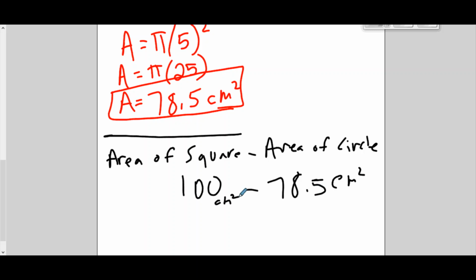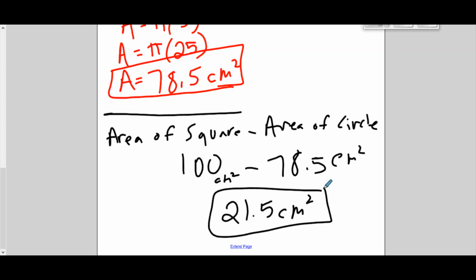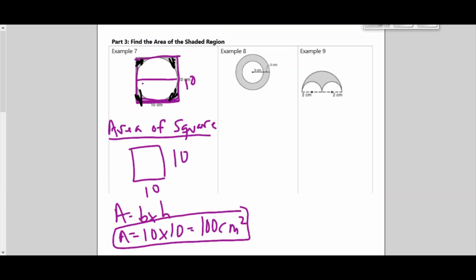So you get the area then of the shaded pieces is 21.5 centimeters squared. So pause the video if you need to for a moment, but this answer gives me the area of the part that I'm highlighting in black. So it gives me the area of just this part. So for these, you do need to subtract off the area of that circle.